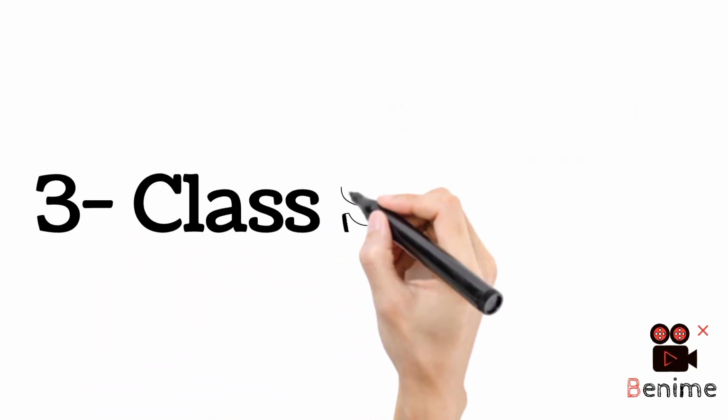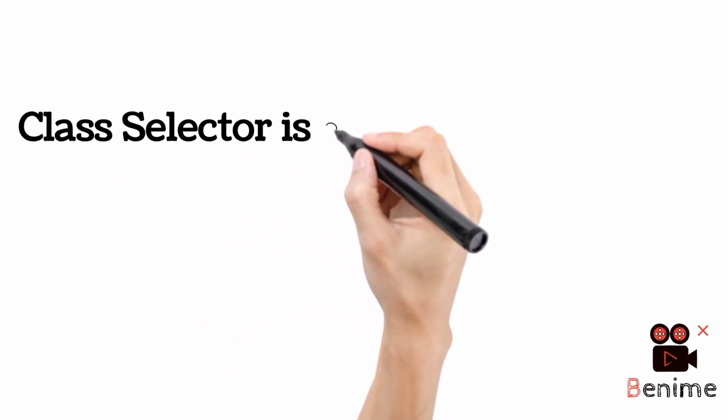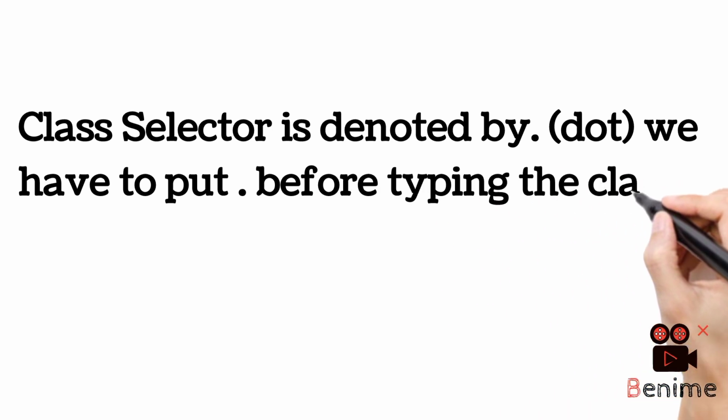The third one is class selector. Class selector is denoted by dot. We have to put dot before typing the class name of any tag.